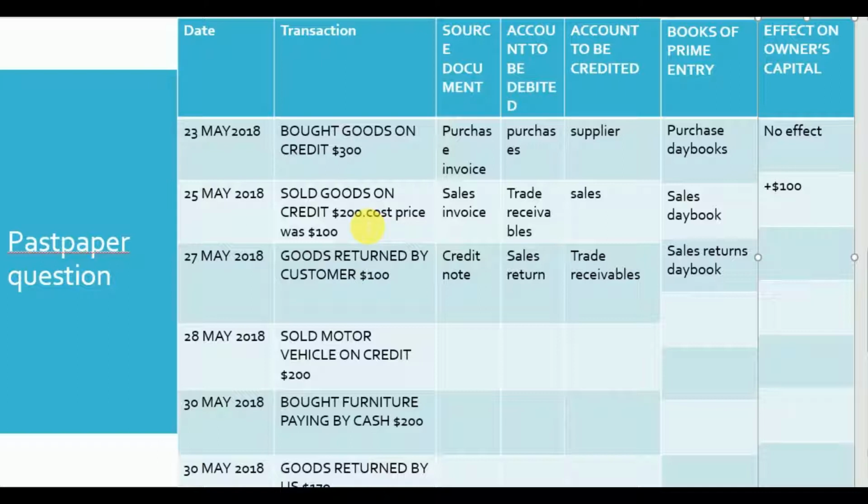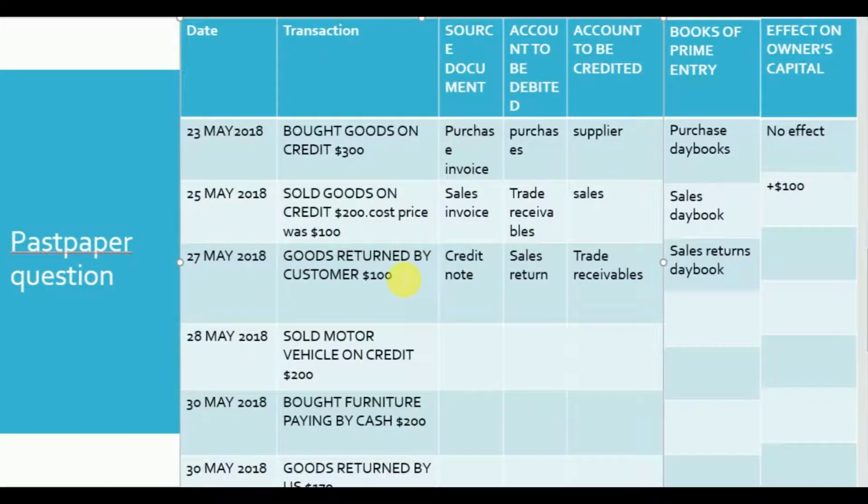So goods returned by customer, obviously previously we wrote it down as 100. We increased the amount of profit as 100. So here we are saying that goods returned by customer, and this is list price. I will write down list price $100.